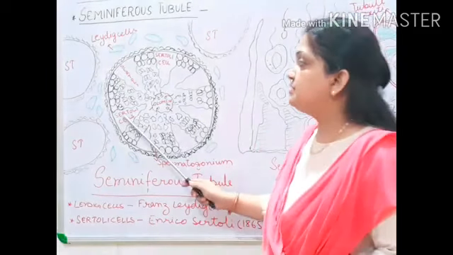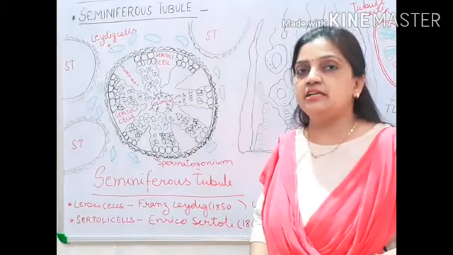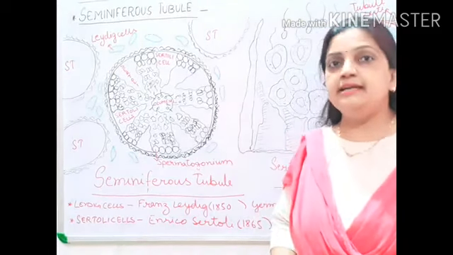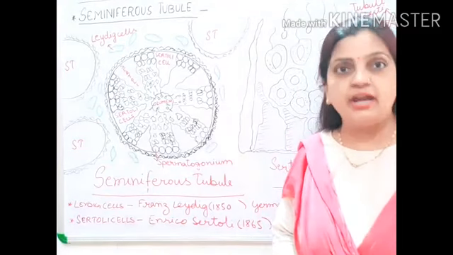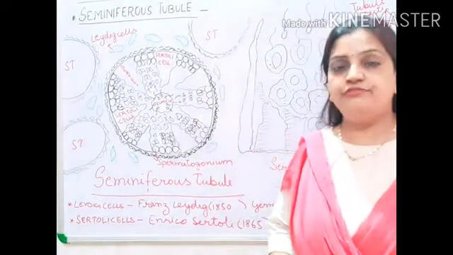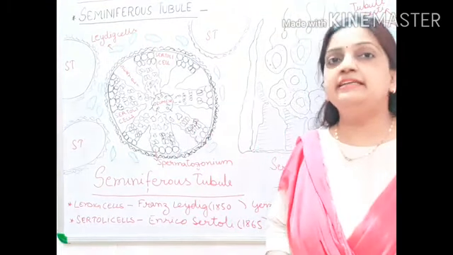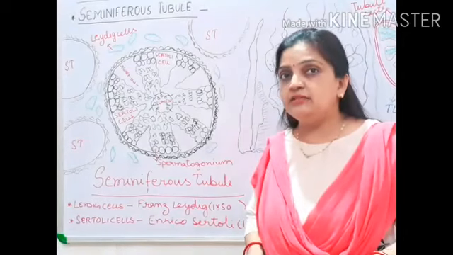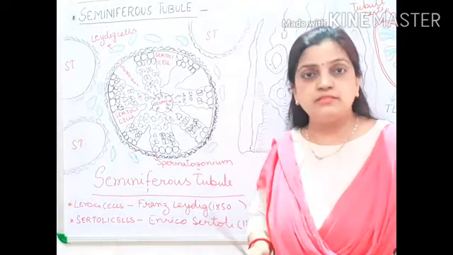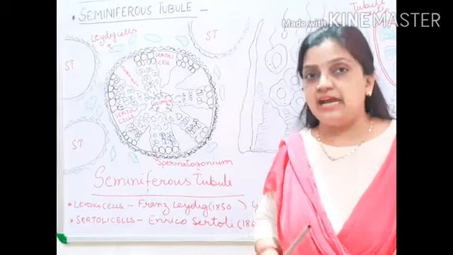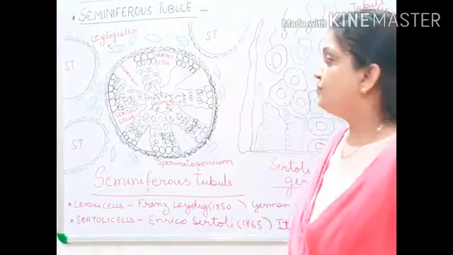So Sertoli cells were discovered by Enrico Sertoli in 1865. Leydig cell was discovered by Franz Leydig in 1850. Franz Leydig was a German anatomist and Enrico Sertoli was an Italian physiologist.